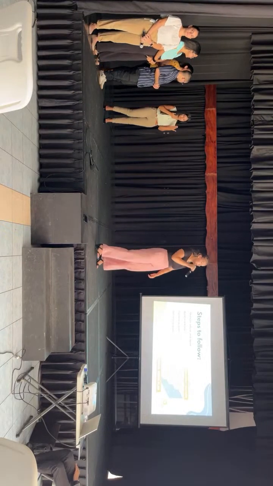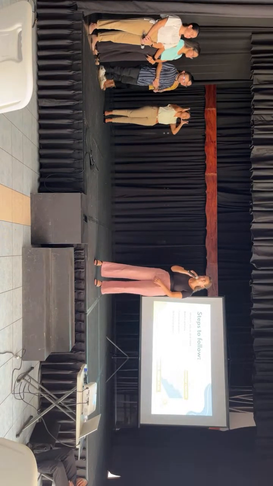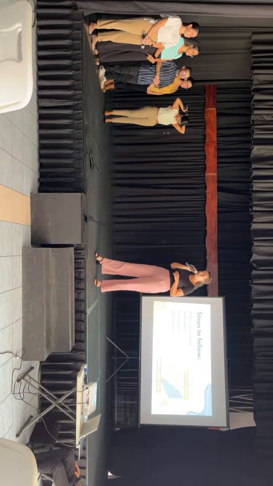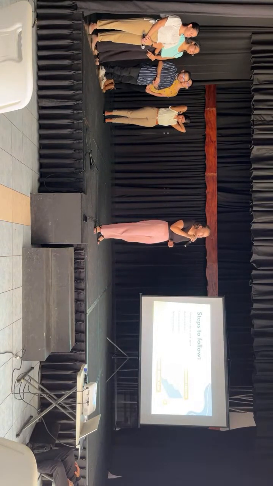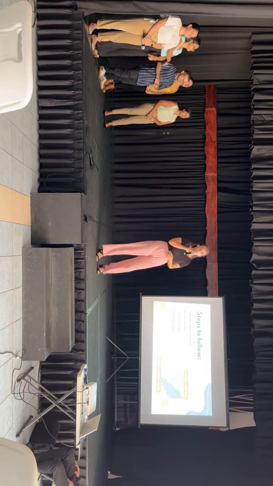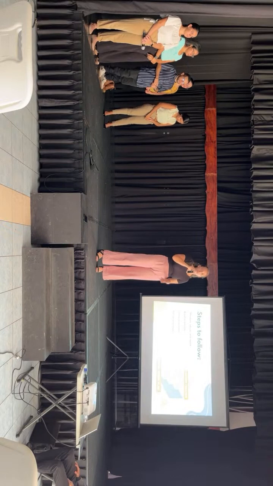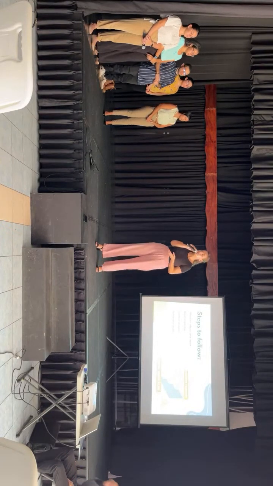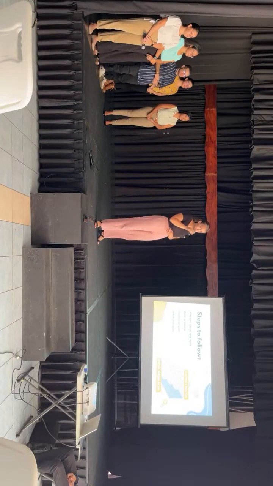Then measurable is, don't forget to measure your performance. Then achievable, that is you have to ask yourself if your objective is possible. And realistic, if your company has the budget or the necessary resources to achieve it. And timely is to establish a time frame in order to achieve it.